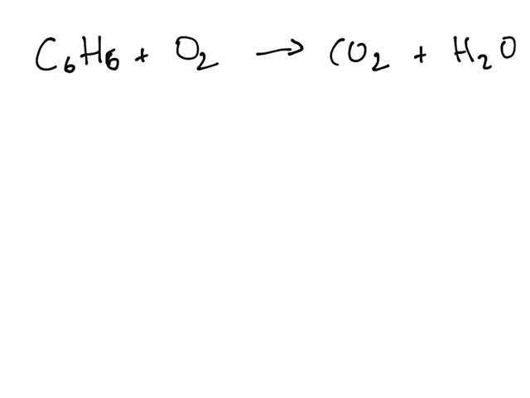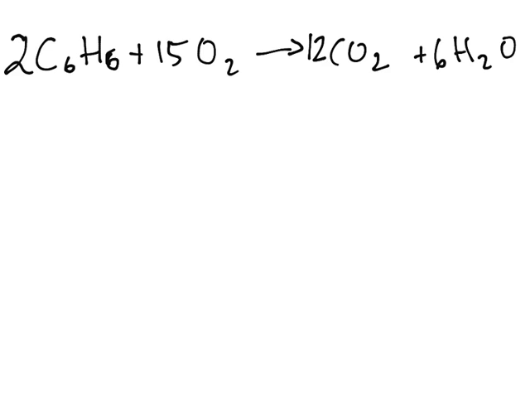And by balancing it, we get to here: 2 C6H6 plus 15 oxygens gives 12 CO2s and finally 6 waters. That's 12 carbons, then 12 hydrogens, then 30 oxygens.